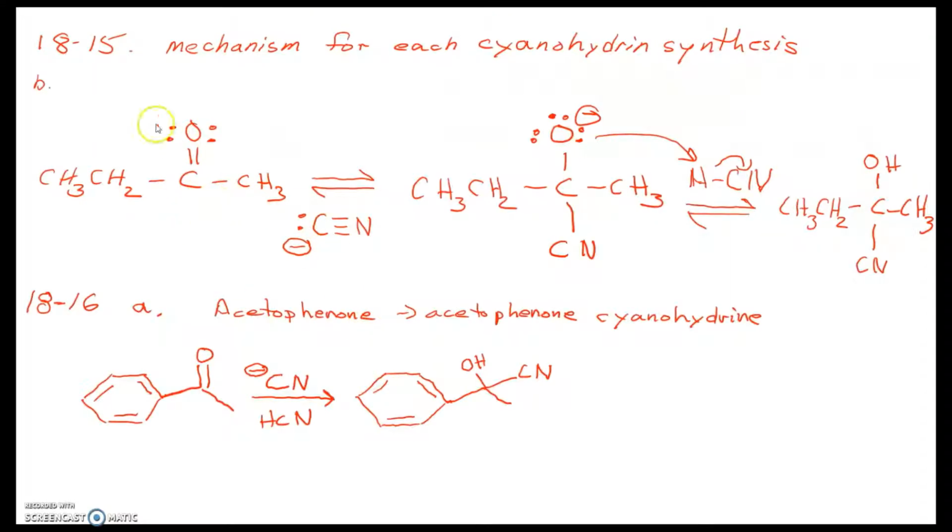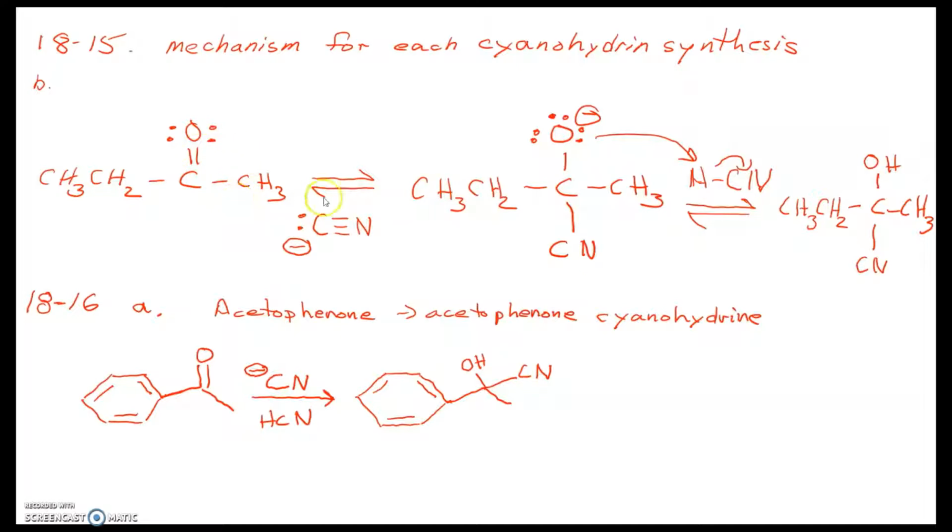In problem 18.15b, we are looking at the formation of cyanohydrin from a ketone. In order to form a cyanohydrin, the first part of the reaction is the reaction of cyanide ion, which is used as sodium cyanide or potassium cyanide, paired up with hydrocyanic acid.